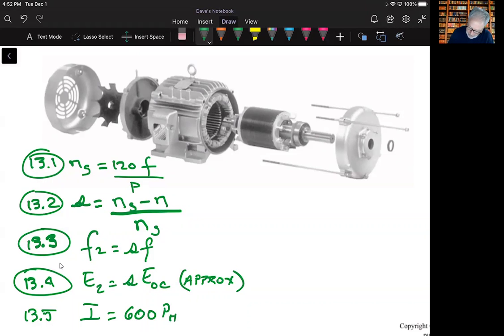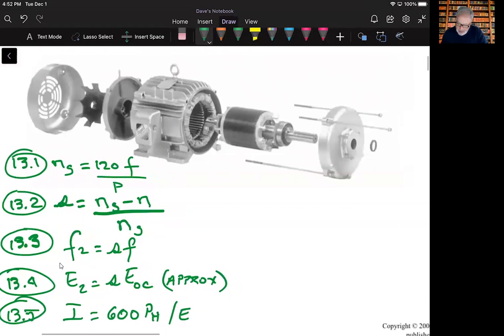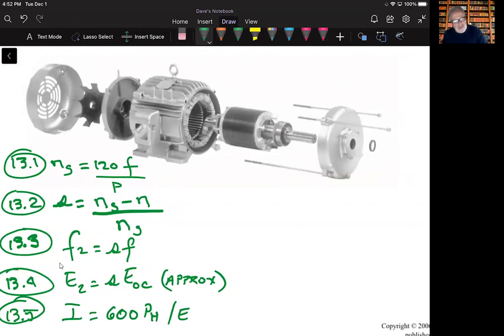If I know all of these, then I have a really good fundamental understanding of how an induction motor works. So there are our 5 equations. There are a lot of other equations, but those are the 5 I'd like for you to know, plant them in your brain, and so forth.